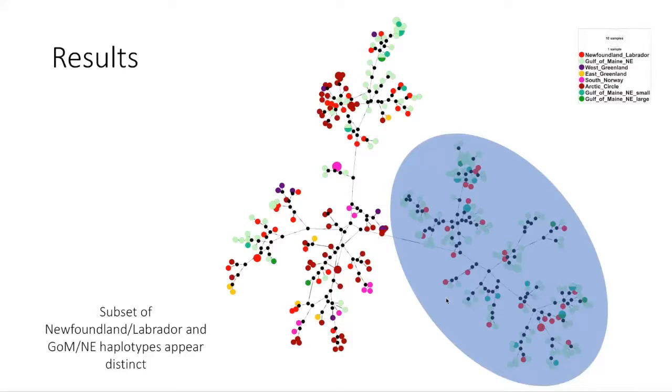Because these circles are color-coded by geographic region, with the exception of what you see here highlighted in blue. That is a subset of the Newfoundland, Labrador, and the Gulf of Maine, New England haplotypes, which appear distinct.